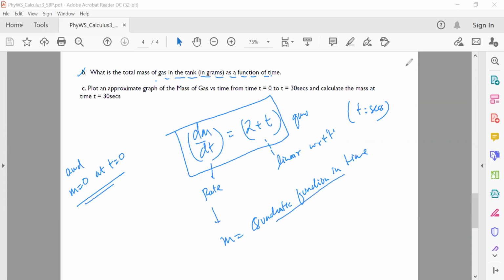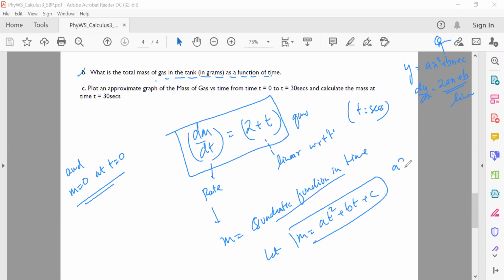Because if we take y equal to ax square plus bx plus c, then dy by dx is 2ax plus b. So if this is linear, this has to be quadratic. We are using that relation. So let's assume that mass is some coefficient times t square plus some coefficient times t plus some constant. So now we have to find a, b, and c.